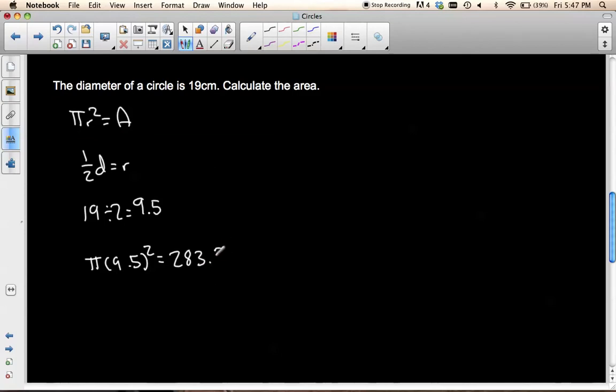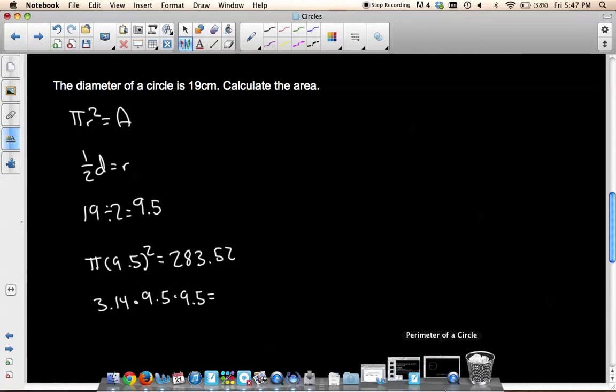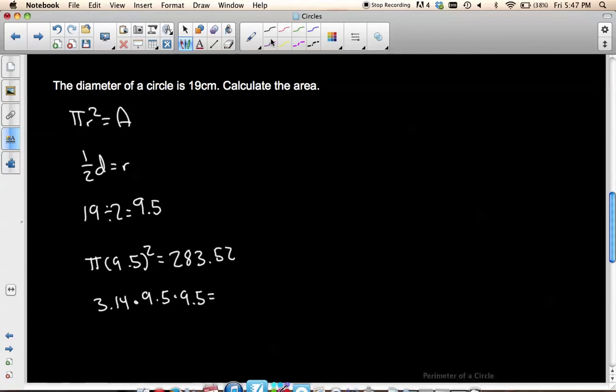And we can check this again, where if we just go 3.14 times 9.5 times 9.5, we get 283.38. Like I told you guys, pi is an infinite number. It goes on forever. Because we're off by this tiny little bit, it's still considered correct, so don't worry.